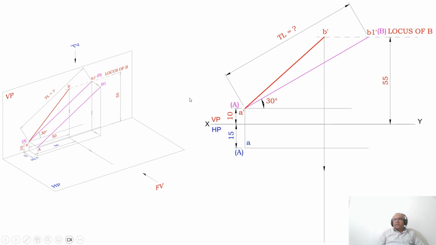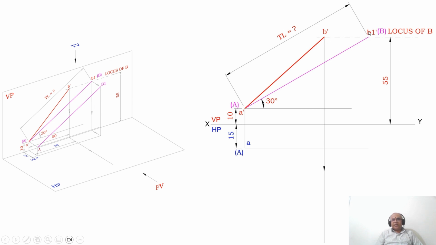A line inclined at 30 degrees to HP means it is the true inclination, which is given with respect to HP. As you know, the angle with respect to HP can be seen in the vertical plane. So from A dash you measure an angle of 30 degrees and draw an inclined line such that it cuts the locus of B in the front view.